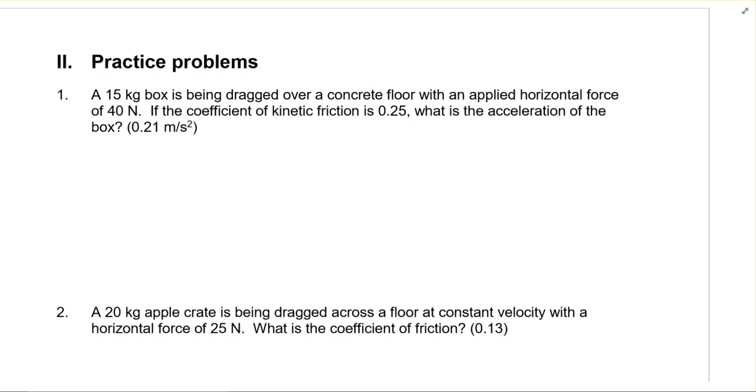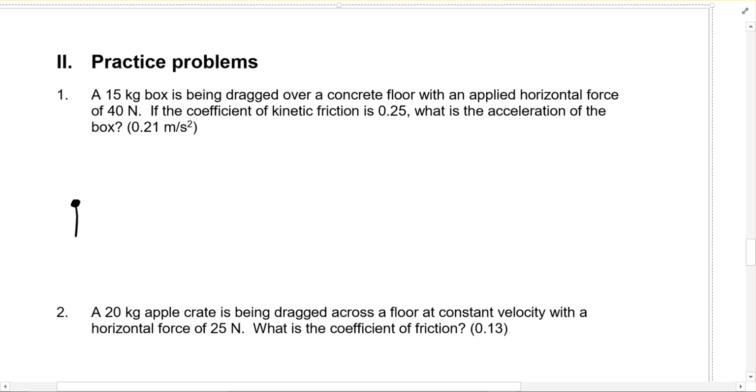So it's going to help with all of these to draw a free body diagram. So I'm going to draw my dot. FG is going to be going down. Fn is going to be equal but going up. I've got a force of friction going backwards.